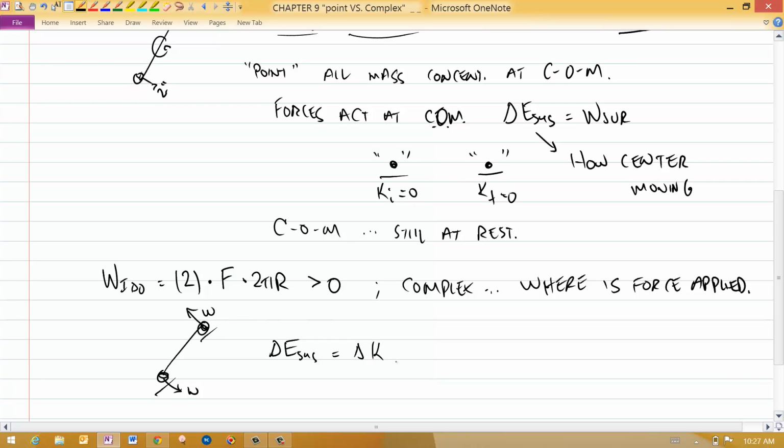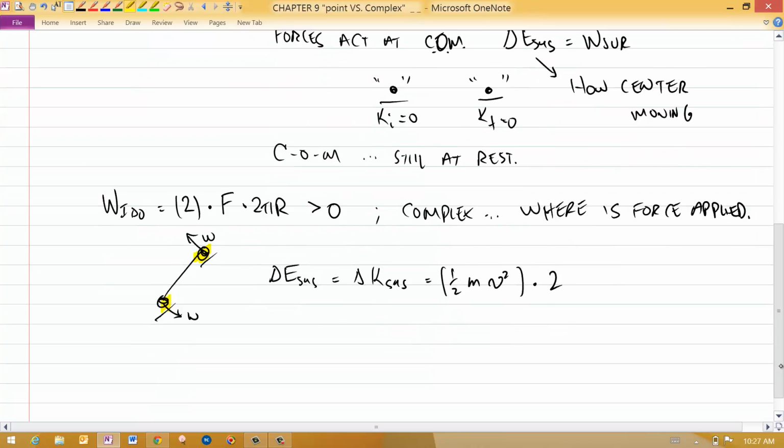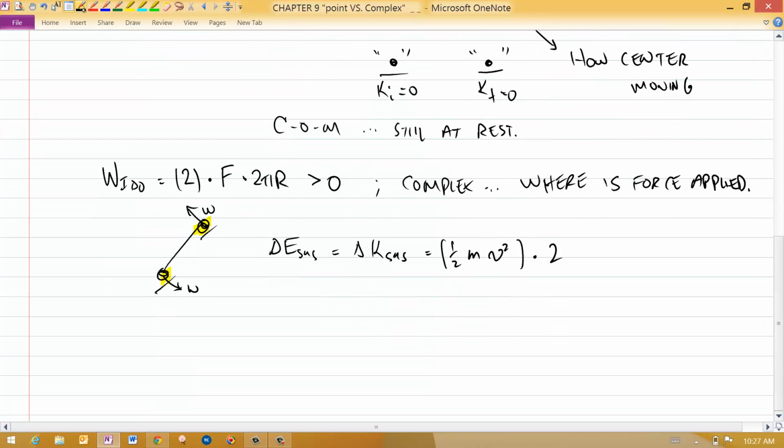So I have the k for the system. I have two masses here, so I have 1/2 mv squared for the first mass, and I multiply it by 2 to get the kinetic energy that these things have. So the complex system tells me that the total work from the surroundings is 2F times 2 pi r, and that is equal to 2 times 1/2 mv squared.